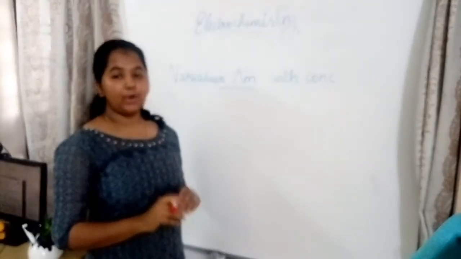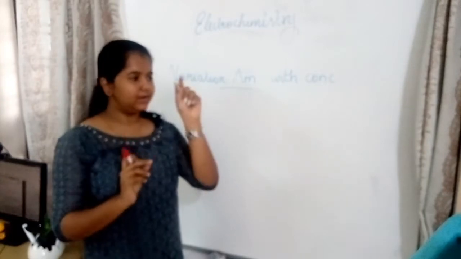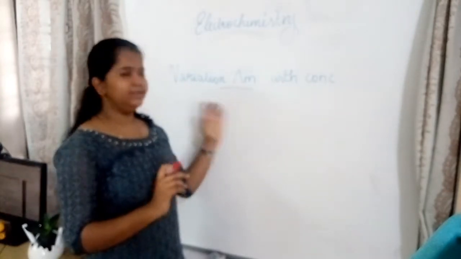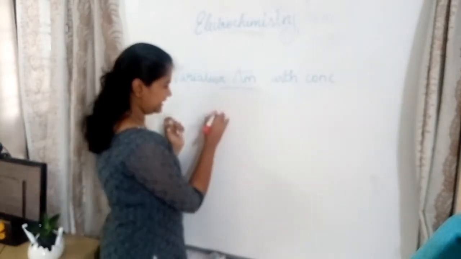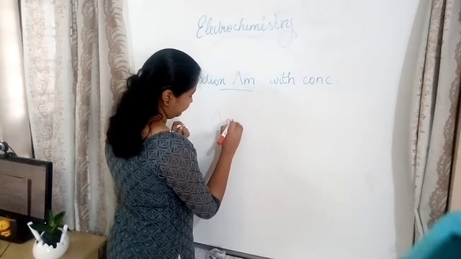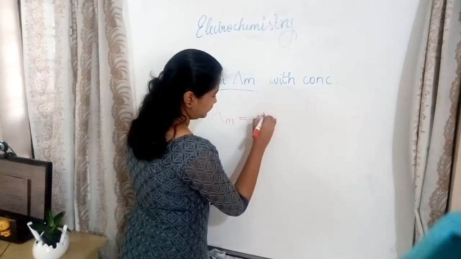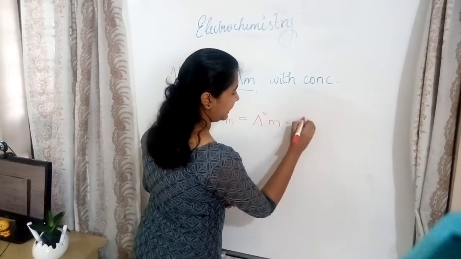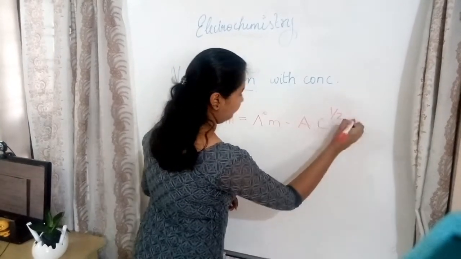Now we have to discuss each term in the equation. We wrote lambda m is equal to lambda 0 m minus a c raised to half.